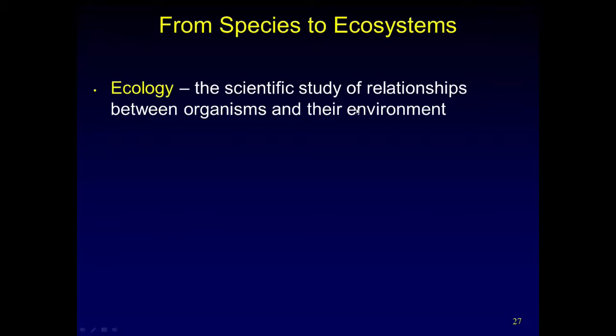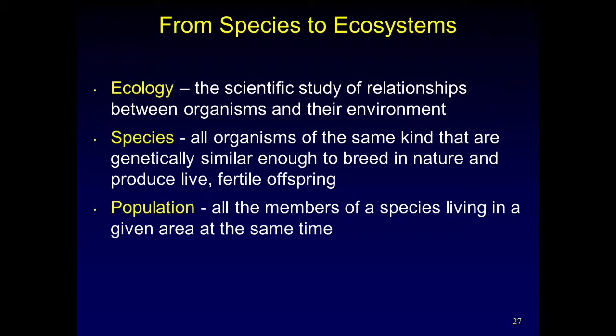All right, so now that we've kind of covered some information on energy, and we have talked about cellular respiration and thermodynamics and photosynthesis, we can now begin to start talking about ecology and species and populations.